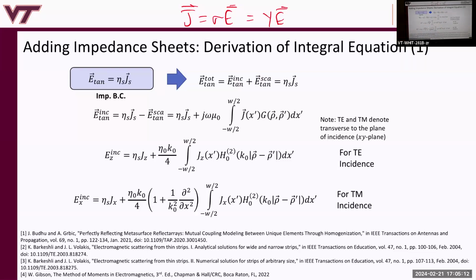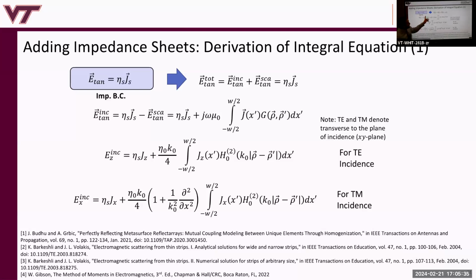If you divide both sides of this expression by eta sheet, you get the same thing. Anyhow, this is the new boundary condition called the impedance boundary condition: E tangential is eta sheet times J_S. What is eta sheet? We'll get to that. It's a sheet impedance.